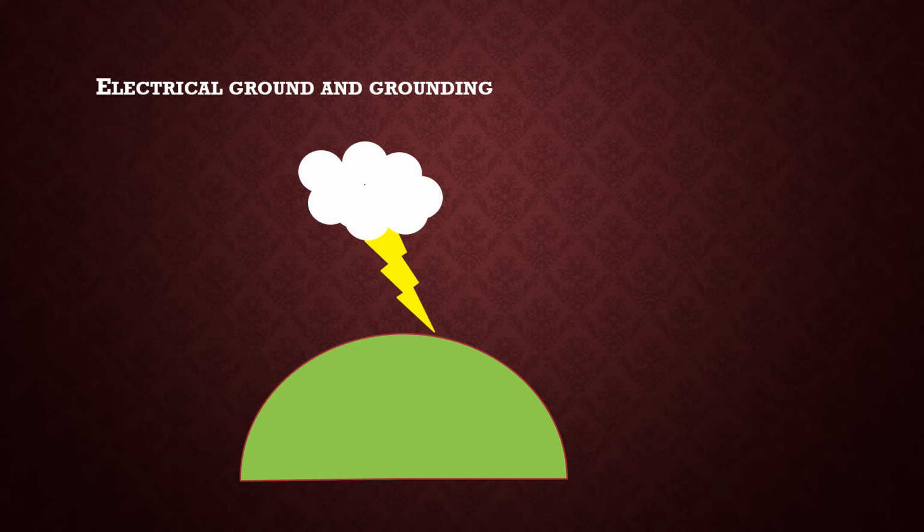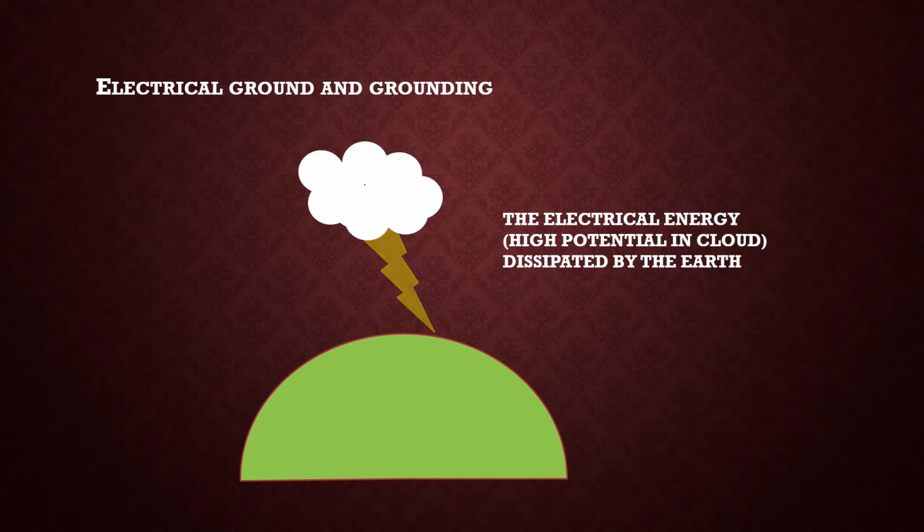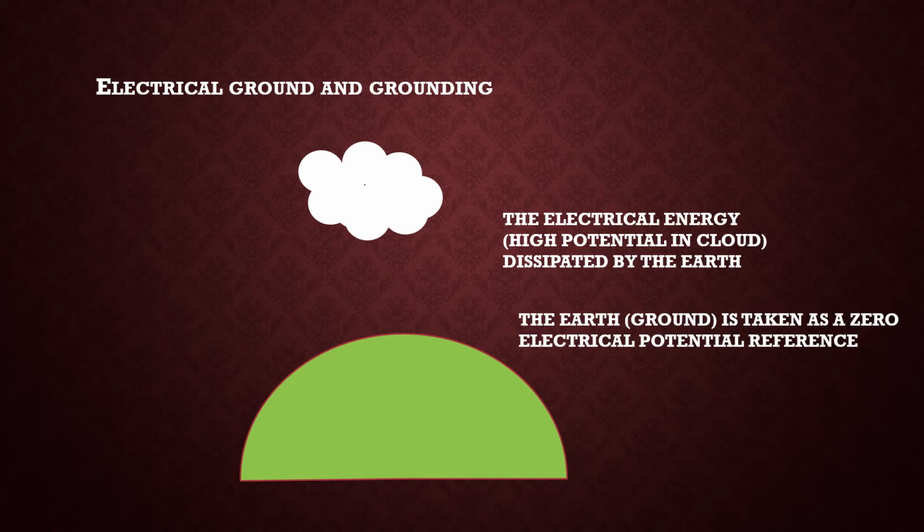So it's high to low potential. One states that the earth, the planet itself, serves as a dumping ground for the electrical current in the world and dissipates it. So it is set as a reference equal to 0.